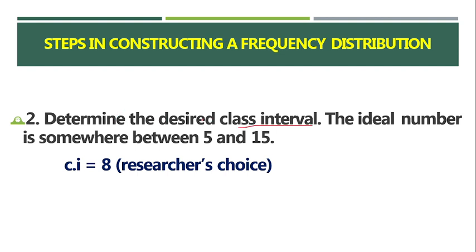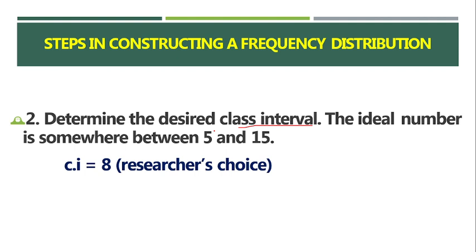So, Sir Jai, how are we going to determine our class interval, and how many class intervals are we going to use? Because we cannot just simply say it is always by 5s or 3s. So there are ideal numbers. How many class intervals would be taken in your data?